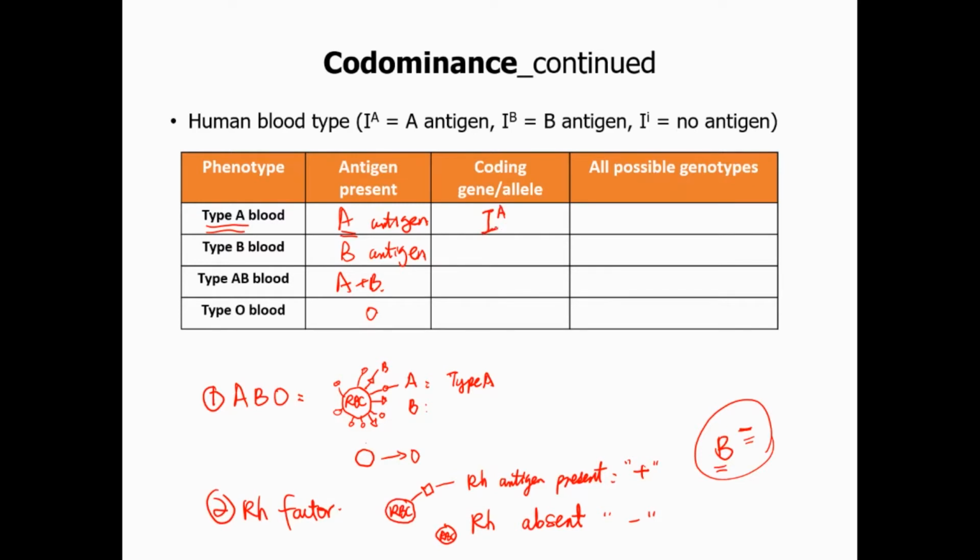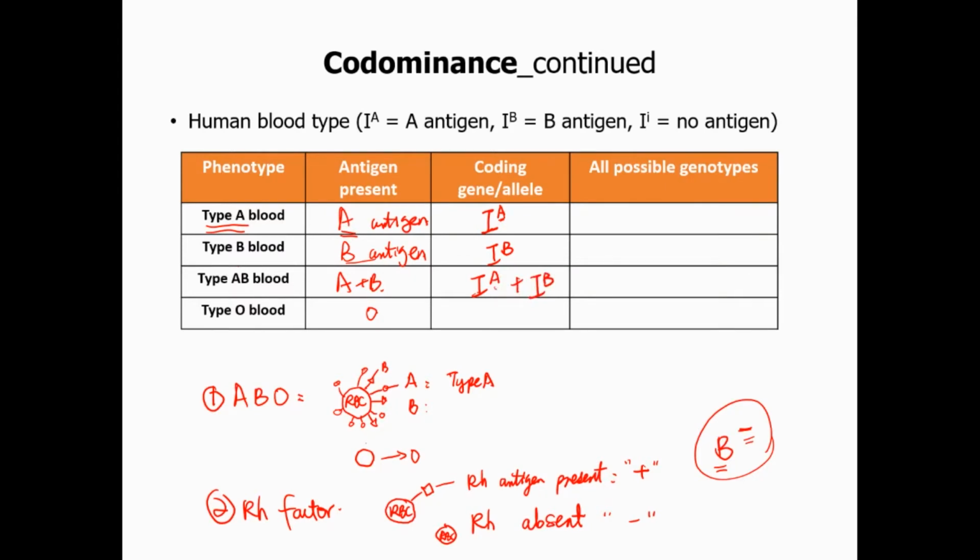We use I to represent the allele, and then to indicate what kind of allele that is, because you have different forms of alleles, we're going to put letter A on the shoulder, as a superscript. Make sure you put it on the shoulder. And then the B antigen, that means you have to have the B allele. For AB, you guessed it, you have to have both alleles present, A and B.